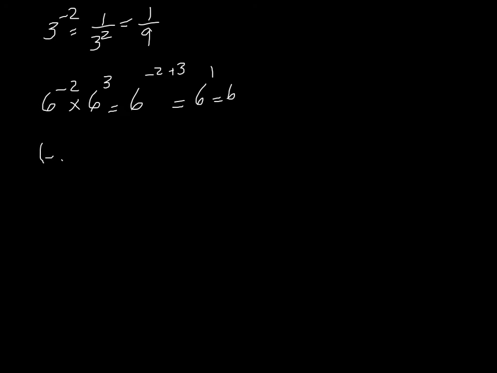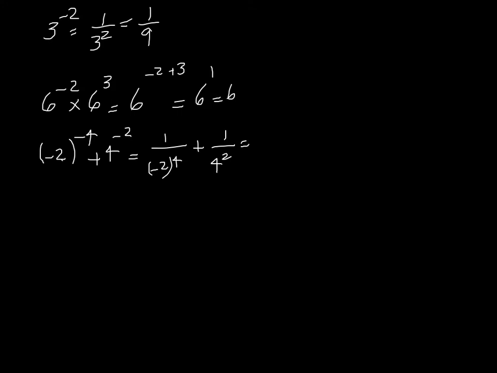Another example is negative 2 exponent negative 4 plus 4 exponent negative 2. Since there is no rule for addition of powers, we should try to somehow change these to the same base. Negative 2 exponent negative 4 can be written as 1 over negative 2 exponent 4, and 4 exponent negative 2 can be written as 1 over 4 exponent 2.